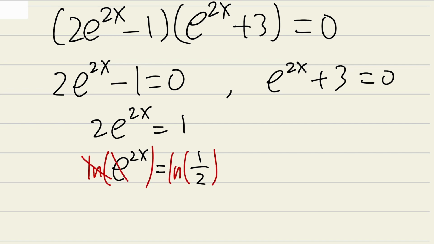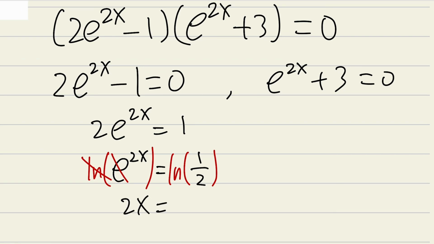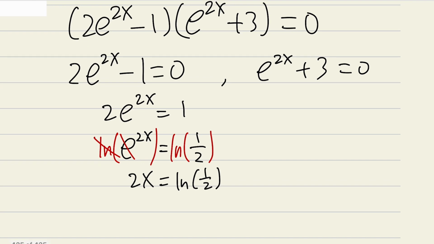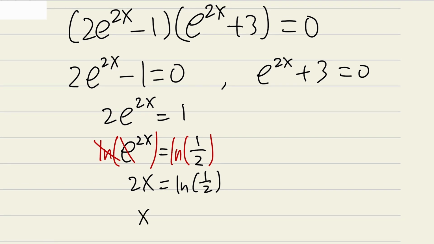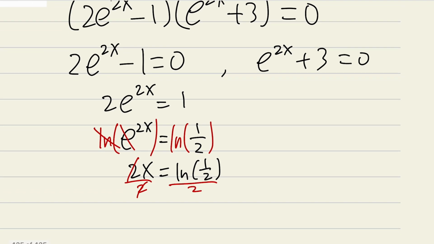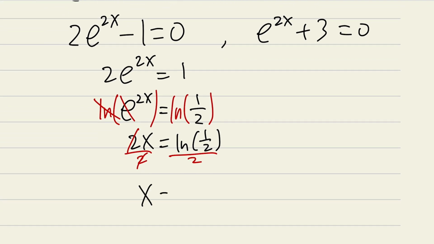We get 2x = ln(1/2). Then we can divide both sides by 2, so x equals 1/2 times ln(1/2). So that's that.